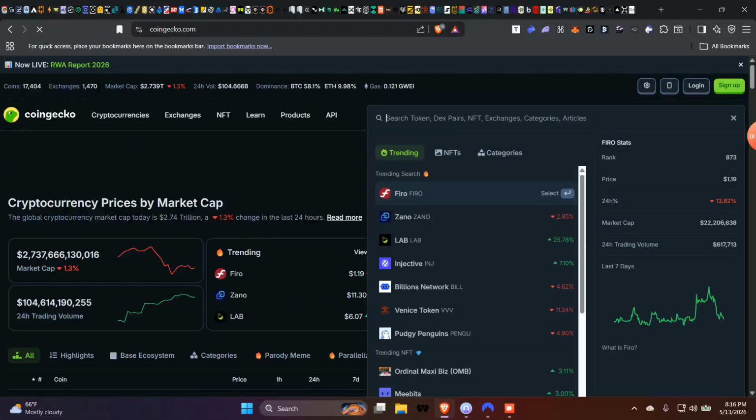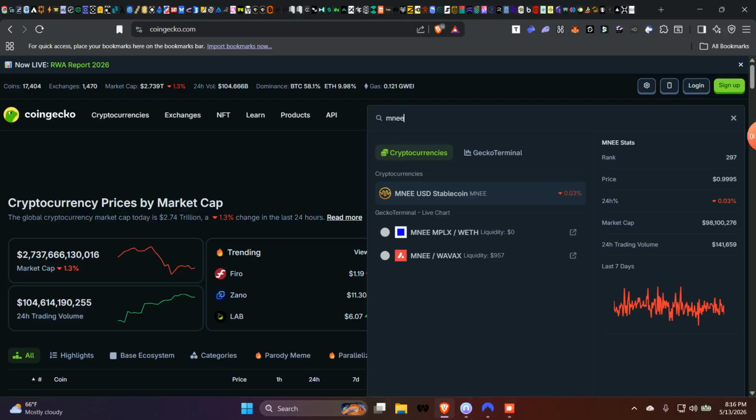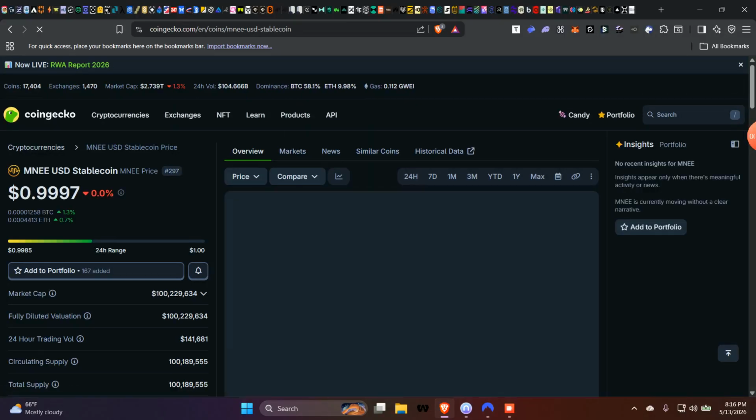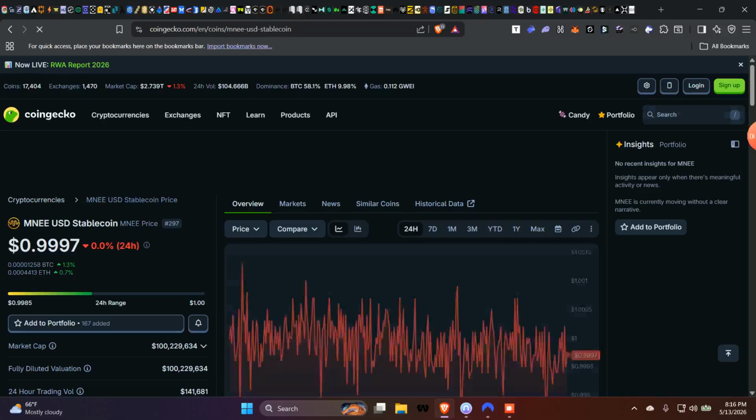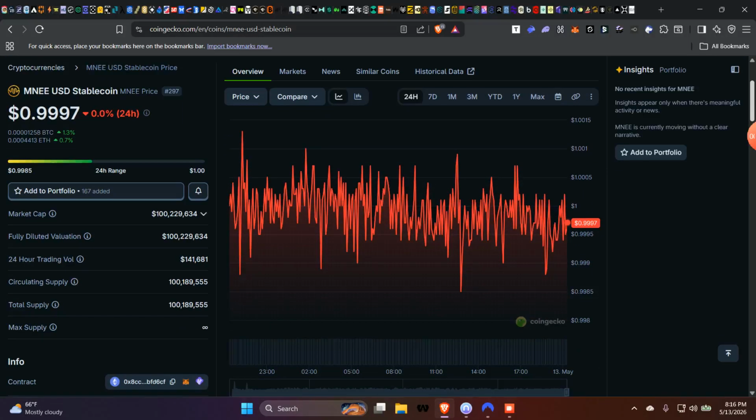And one of the stablecoins that you should have in your wallet, ladies and gentlemen, is the Money stablecoin. Now, out of all of the stablecoins that are issued, why did I go to the Money coin first?